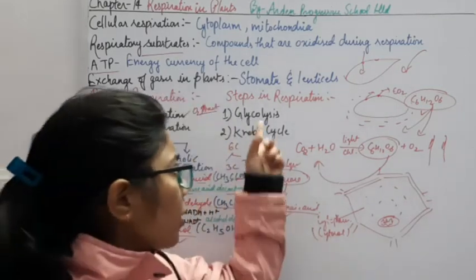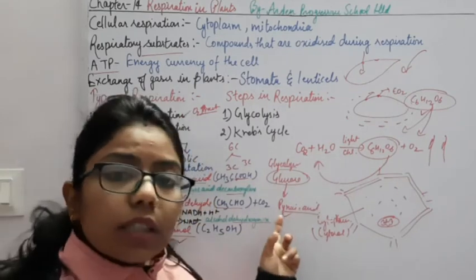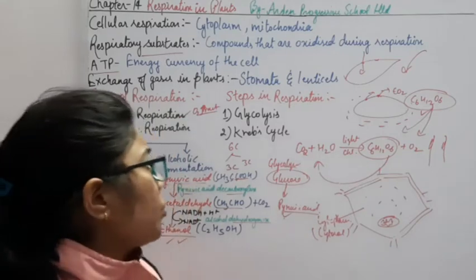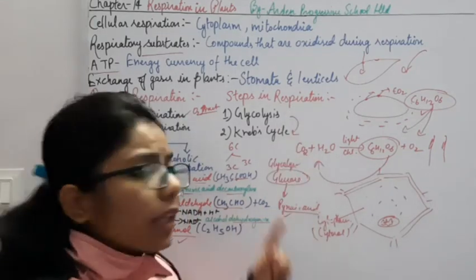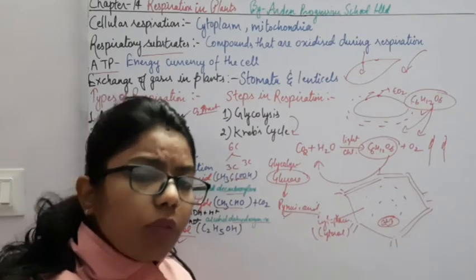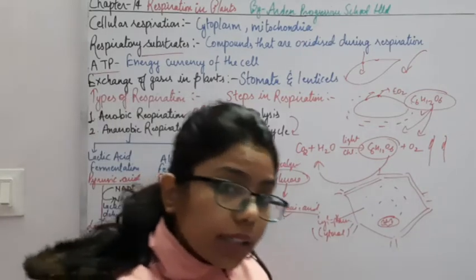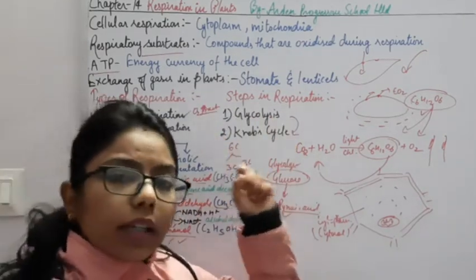When glycolysis completes and forms pyruvic acid, it is an incomplete oxidation. To complete this oxidation, it undergoes the Krebs cycle, where there is a complete oxidation of the glucose molecule with the help of different enzymes. So in this chapter we will majorly discuss glycolysis and the Krebs cycle.